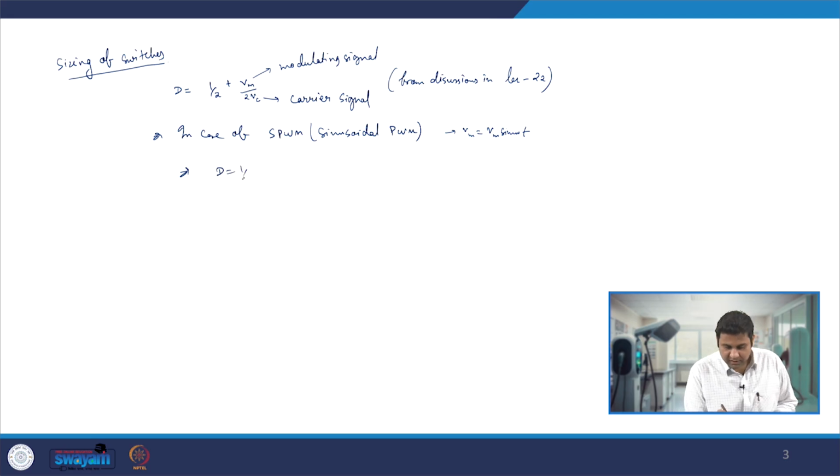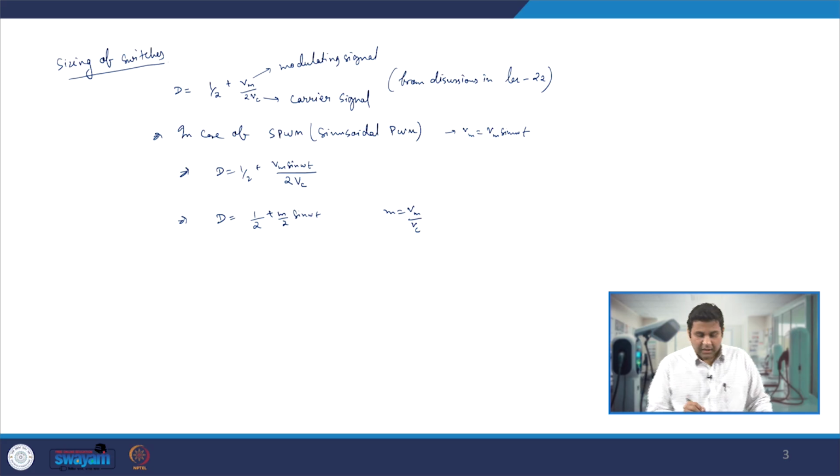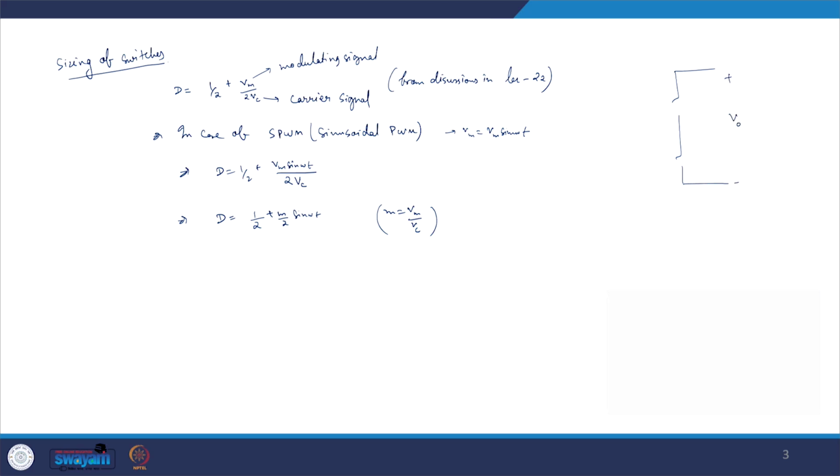So d we can write as 1 by 2 plus Vm sin omega t divided by 2 Vc, and that will be nothing but 1 by 2 plus m by 2 sin omega t, where m is nothing but Vm by Vc. And this is the duty ratio if we take just the half bridge, in this case it is V naught.